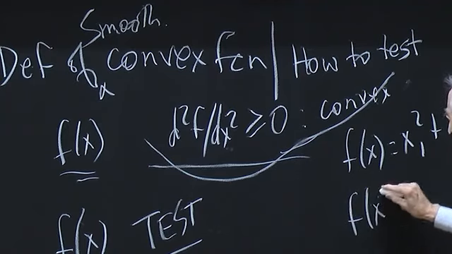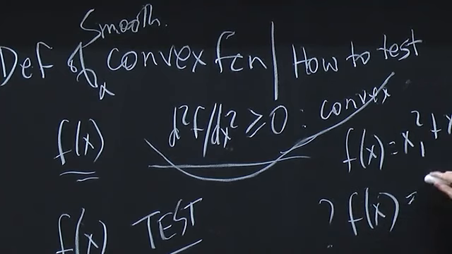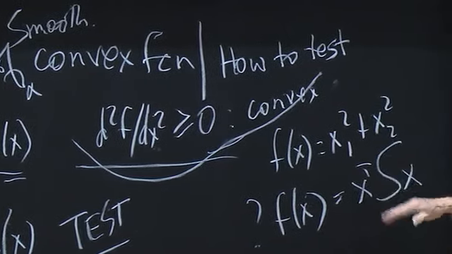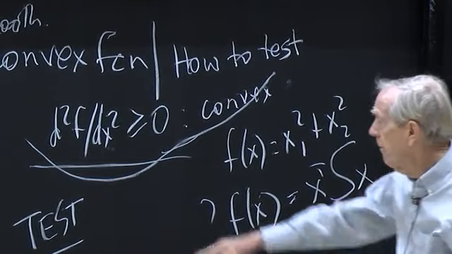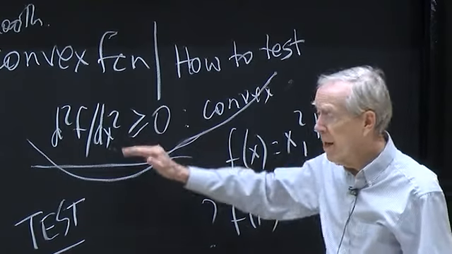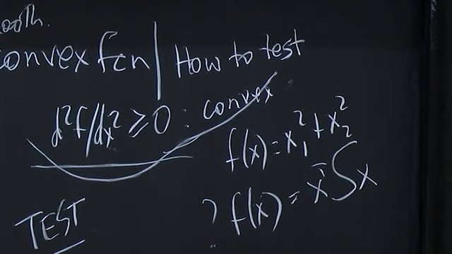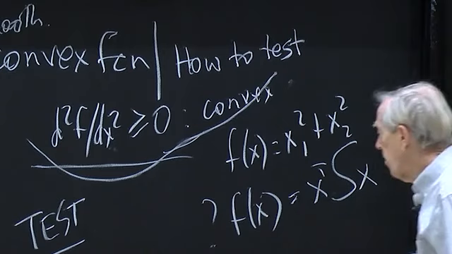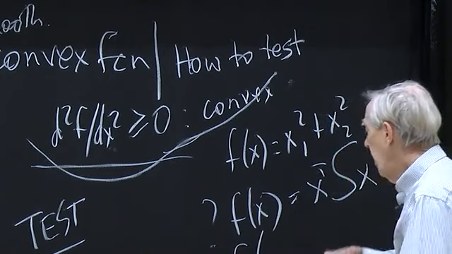Would it be passed by x transpose S x, some symmetric matrix S? That would be a pure quadratic. Would it be convex? I'm looking for an n-dimensional equivalent of positive second derivative. I could apply it to this function, or to any function of n variables.